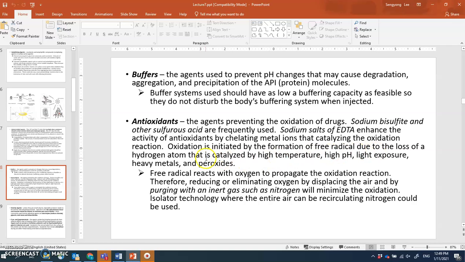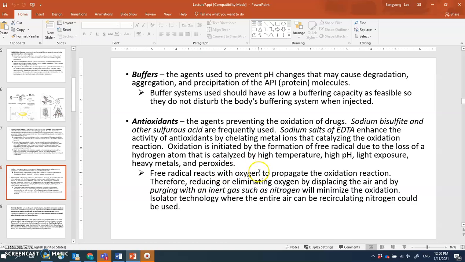All of these conditions can cause oxidative stress. So to prevent that, maintain a very constant temperature and pH, avoid strong light exposure, and avoid heavy metals and peroxides.